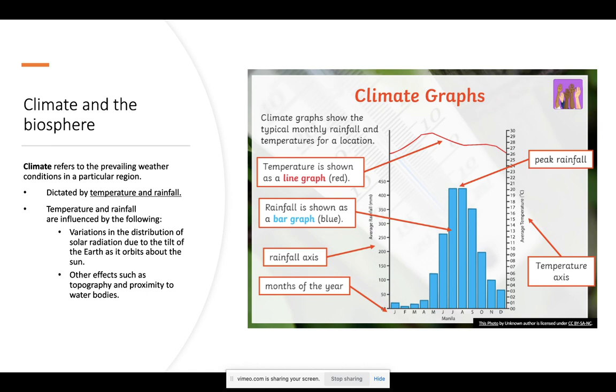It's going to be more focused due to the tilt of the Earth on its axis. It kind of makes sense if you think about it. Depending on how close you are to the equator will depend on how much the sun is able to hit you. How much direct sunlight are you getting? And these things will affect the temperature, and the temperature will affect the climate.